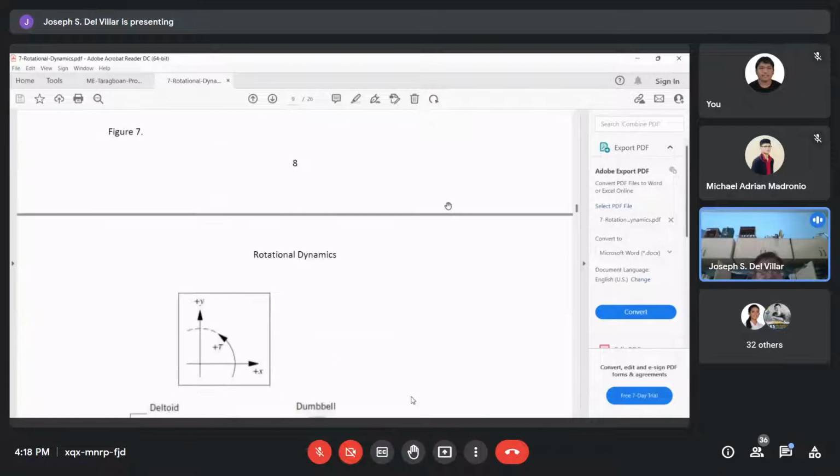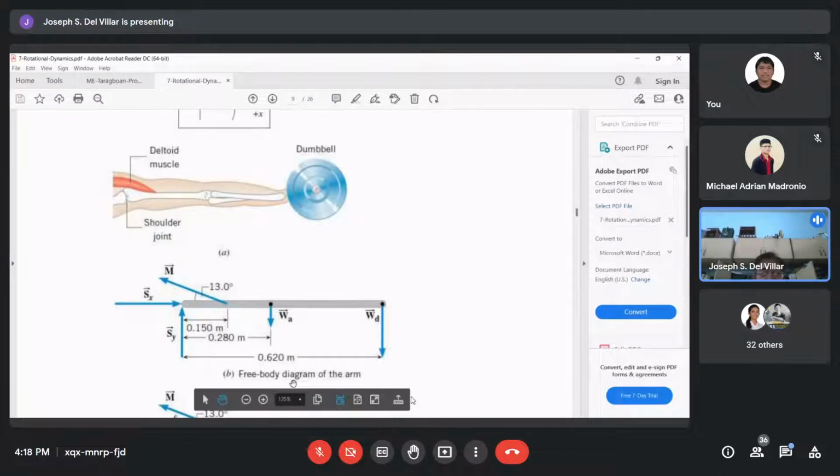okay, so the weight of the arm is, ito yung total length ng arm, 0.62. And the weight of the arm acts 0.28 meter from the shoulder joint. So maybe, yung weight, nakita nyo, hindi siya sa center ng arm. Medyo malapit siya to the left, malapit sa joint. Why?